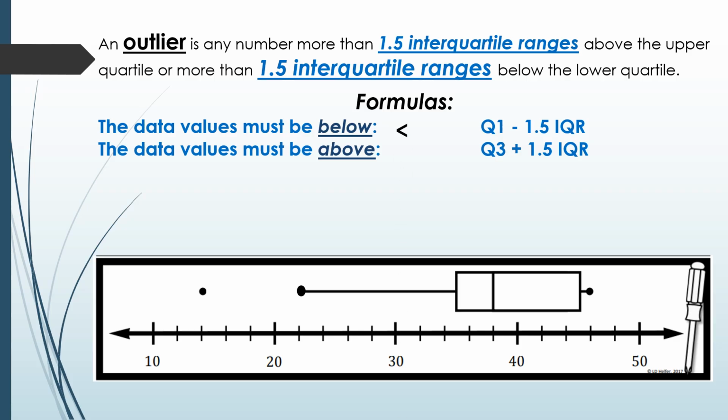So it needs to be less than Q1 minus 1.5 IQR, and it needs to be greater than Q3 plus 1.5 IQR. Here's our minimum value, which is 14. Q1, the bottom half of that box, is at 35. Our median's at 38. Q3 is at 45, and our maximum value is at 46.